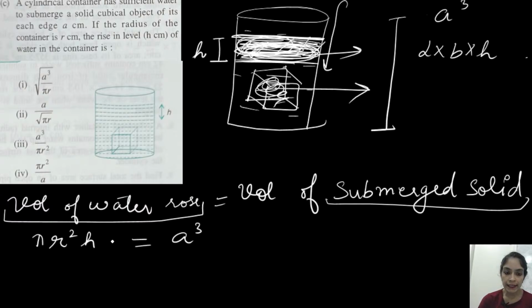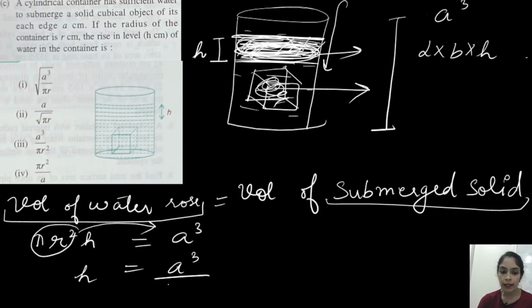So now from here h we have to find. It's easy. If h we have to find, so these remaining things will shift to other side. So that means h is equals to a cube by pi r square. Yes. So then which option? Do you see any such option where h value is equals to a cube by pi r square?